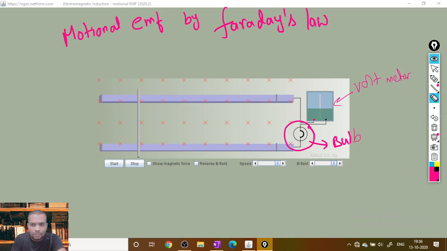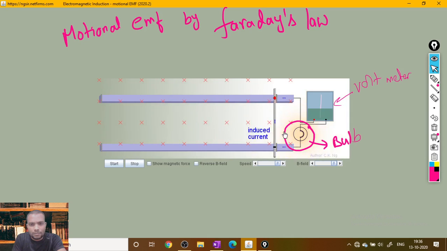But here we are talking about motional EMF. If this is a conducting rod kept in a uniform magnetic field, and you move this conducting rod, the motion causes an induced current which flows in the circuit.